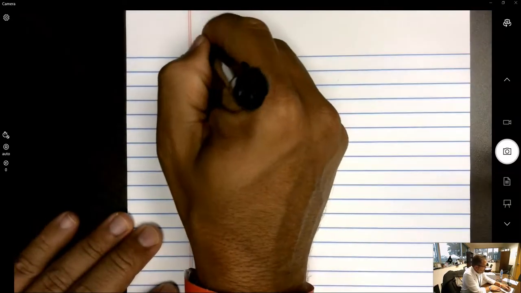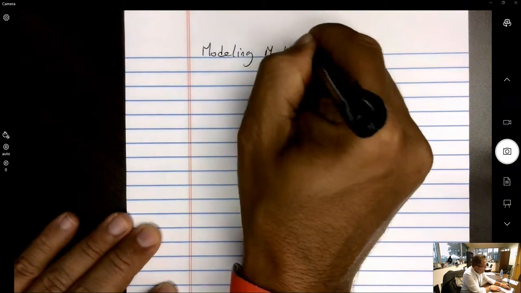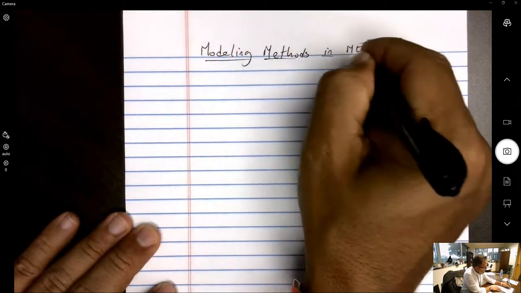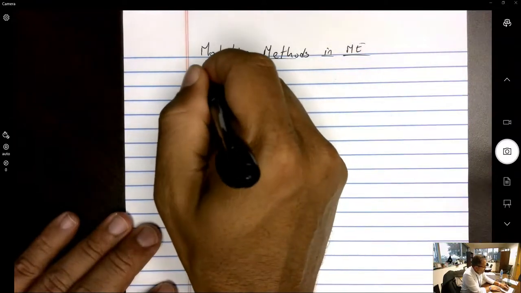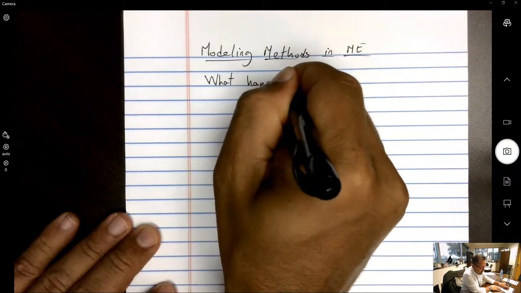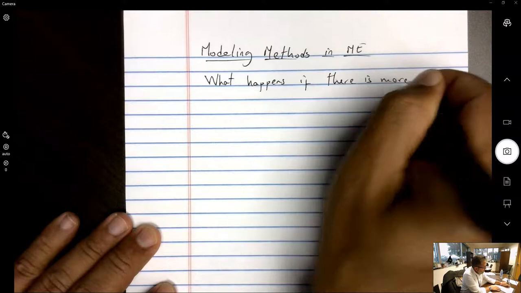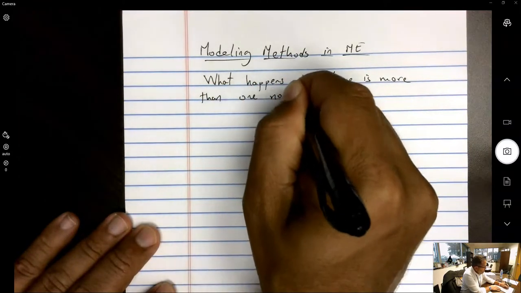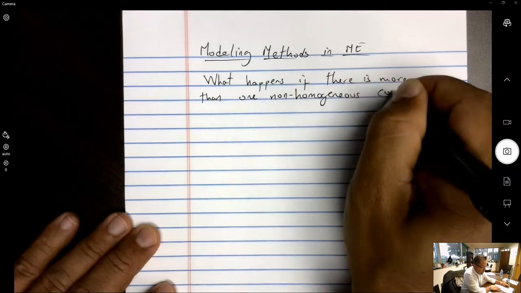So this is modeling methods in ME. What happens if there is more than one non-homogeneous condition?